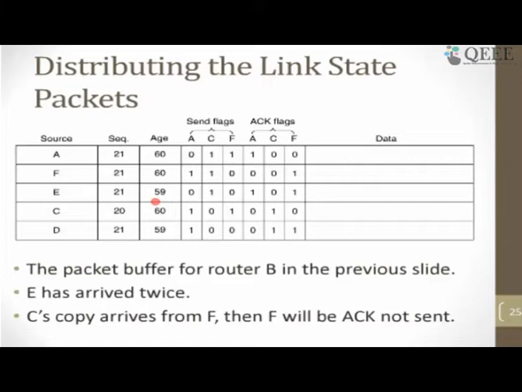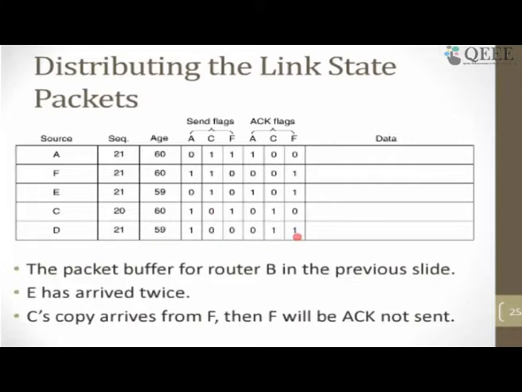Let us assume at the first time step it has received from A, and at the next time step it has received from F. So now it has to send to only C.